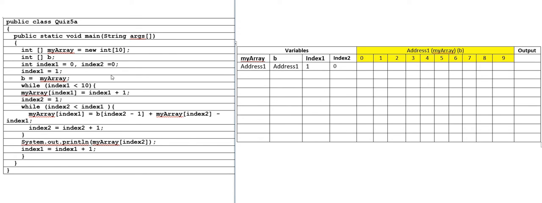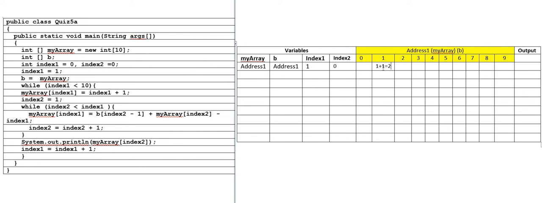First we check 1 is less than 10, so we move on to this part. We're updating the value of myArray at index 1, so it refers to this index. We're updating the value of index 1 as 1 plus 1, so we get a value of 2. Now we're assigning the value of index 2 to 1.